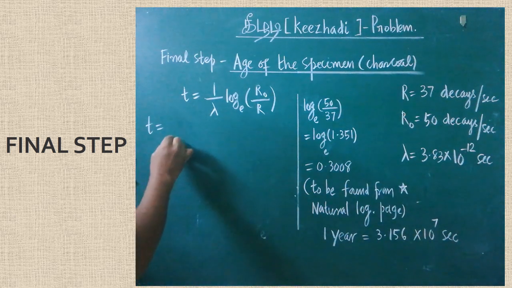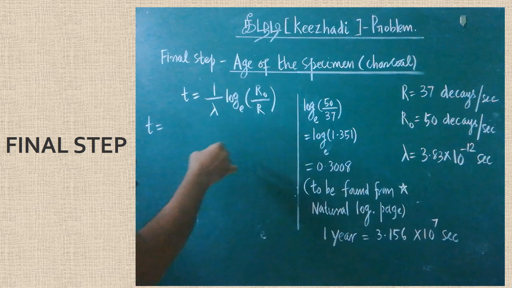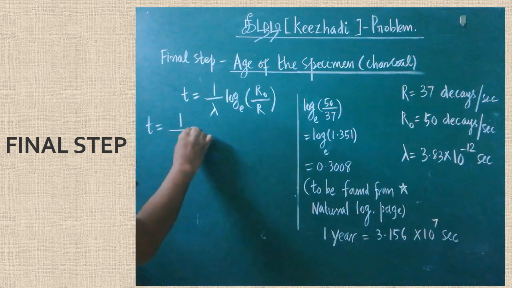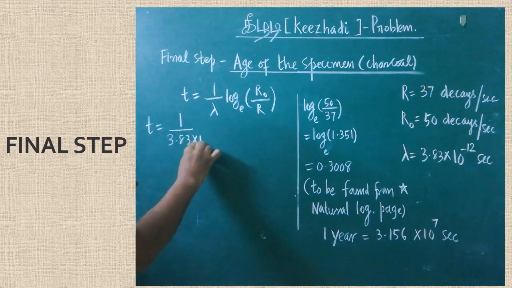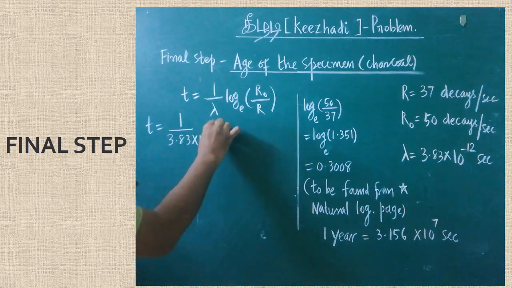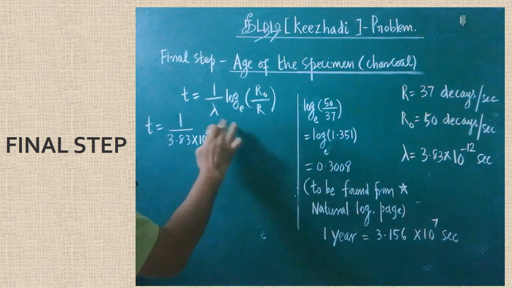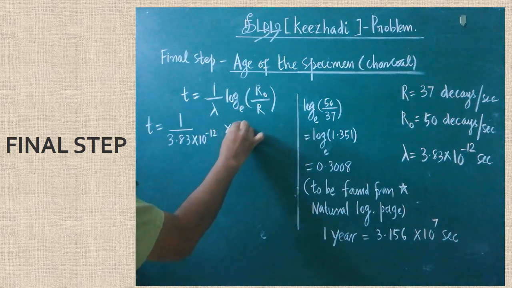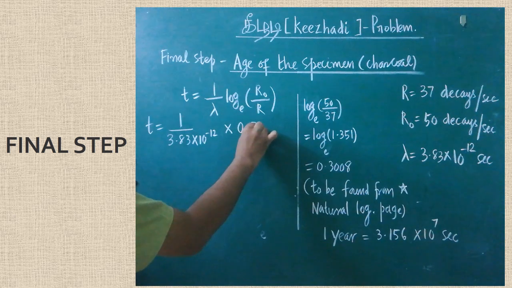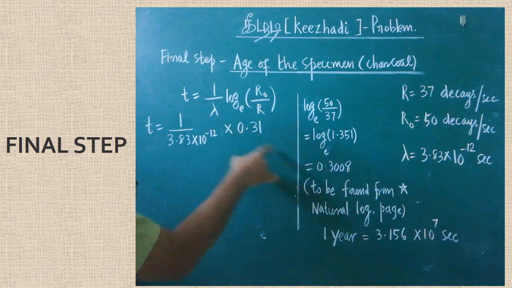Here, substitute the value. T is equal to, lambda value is already found out, 1 divided by 3.83 into 10 to the power of minus 12, into log to the base e. This part was already calculated. Its value can be roughly taken as 0.31.